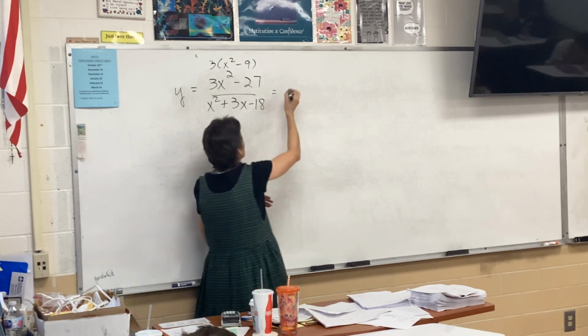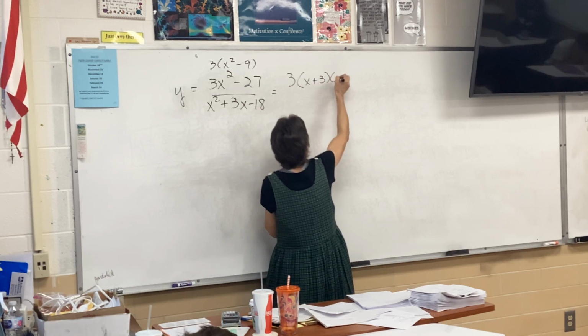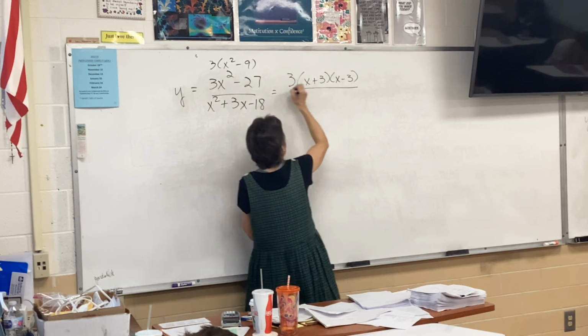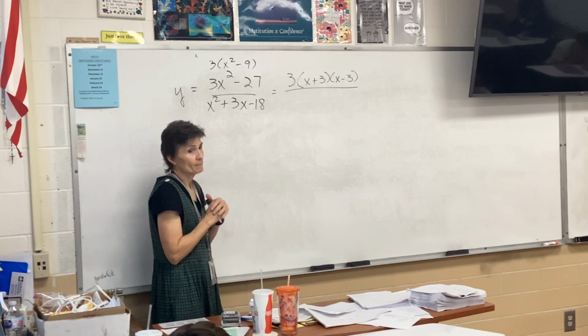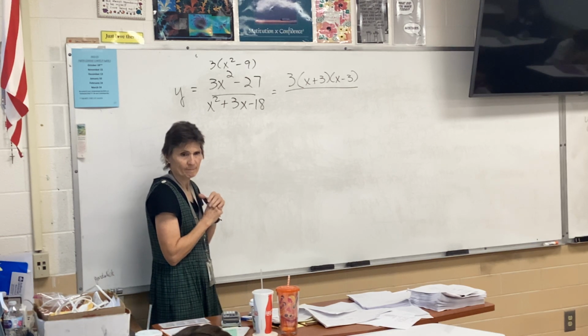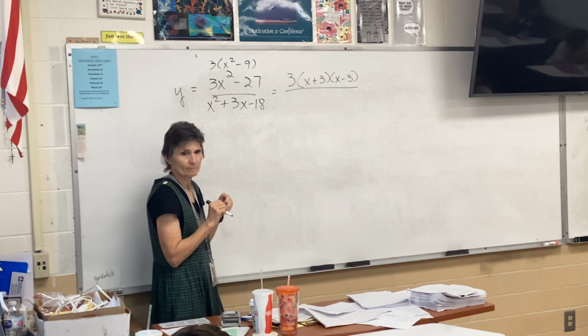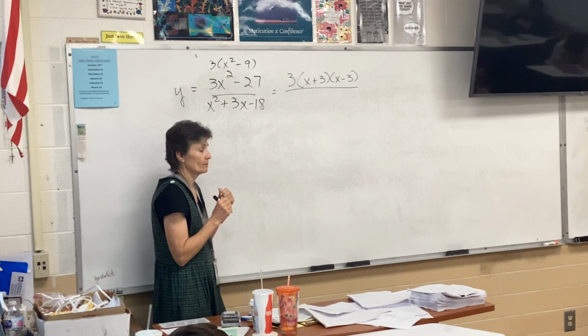Difference of squares. So keep the 3, and then you have x plus 3, x minus 3. I need to check that one because I factored the difference of squares a lot. So I know that's right, x plus 3, x minus 3.